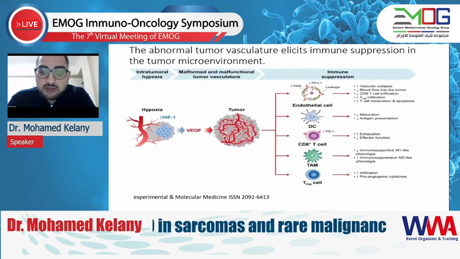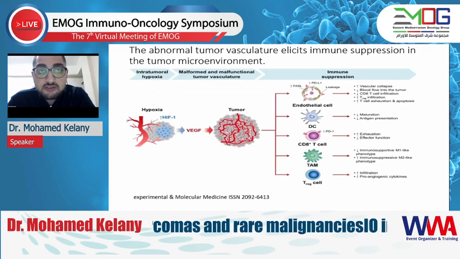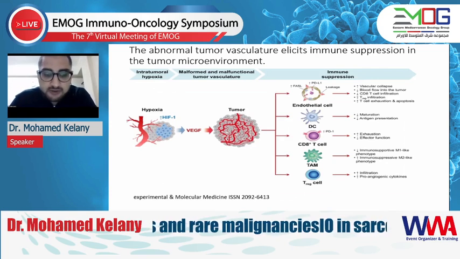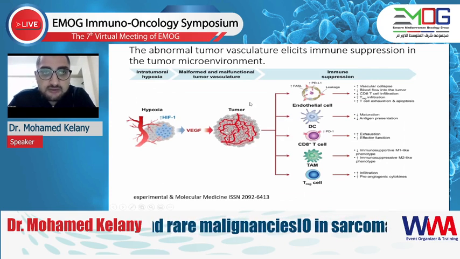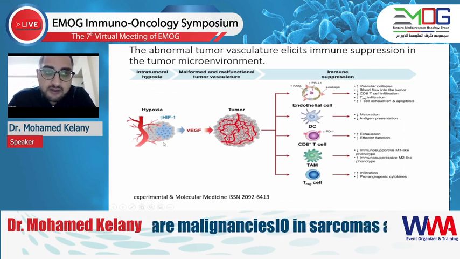We go a step forward. We test the combination of IO therapy with anti-VEGF. This paper is published in Nature about the rationale for why hypoxic tumors lead to immune suppression.